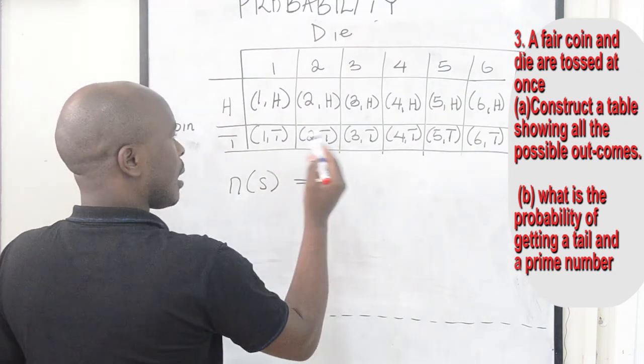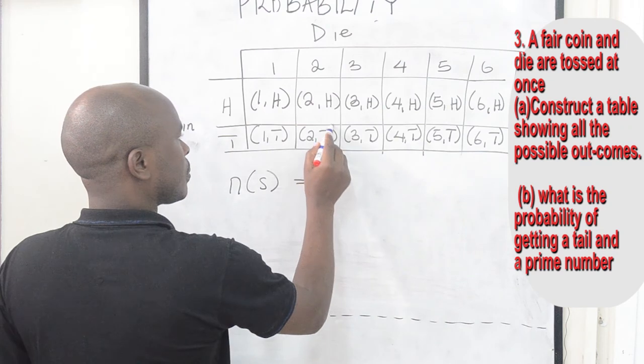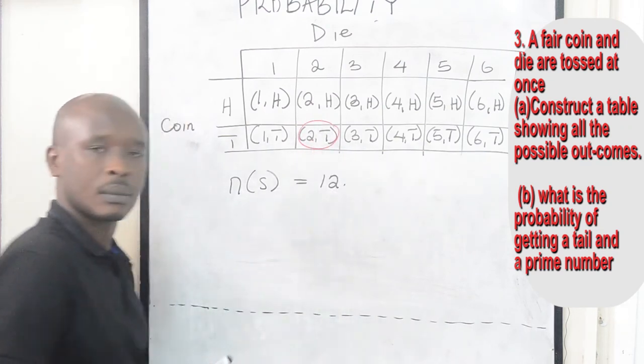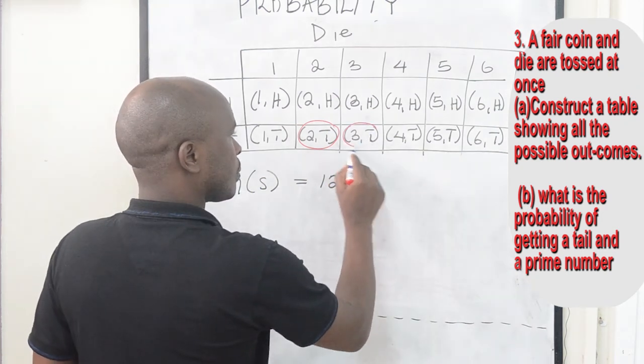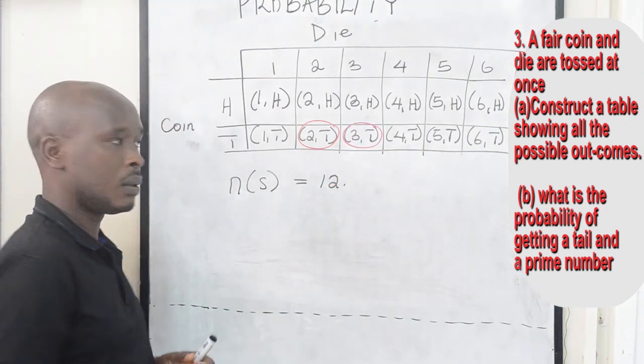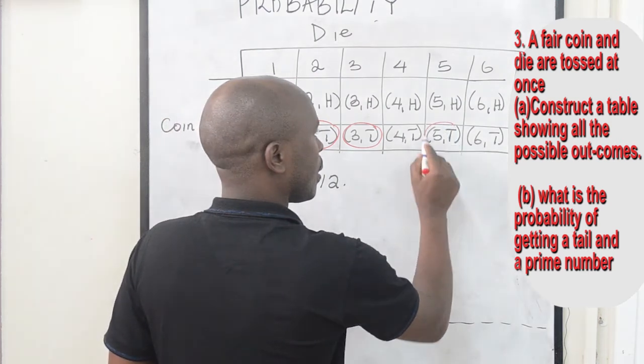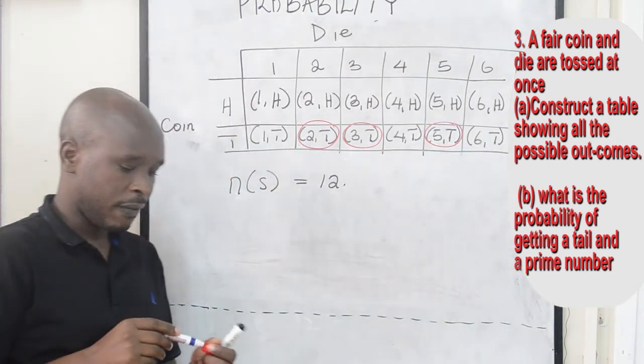The first outcome is 2 and a tail. The other one is 3 and a tail, and then 5 and a tail.